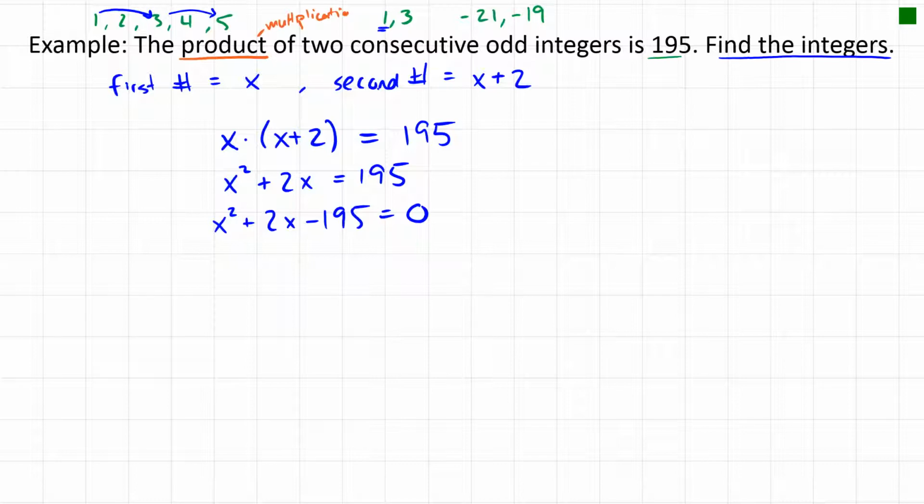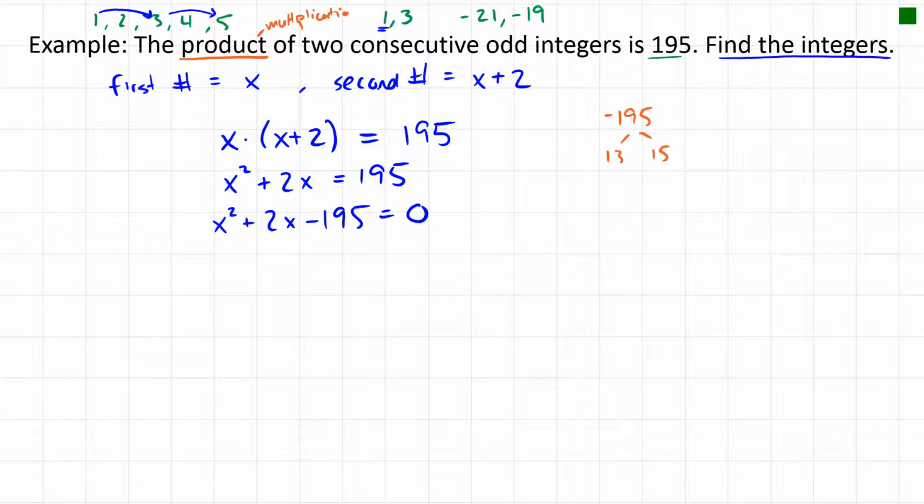So what I did is I just grabbed a piece of scrap paper and I tried dividing 195 by a bunch of numbers, and I found that it can be divided by 13 and 15, and I think these are going to work for us. So we have to get to negative 195.